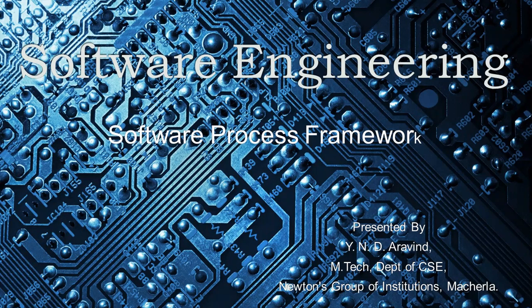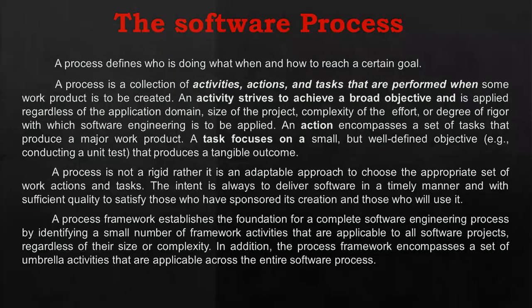In this video, I'll be talking about the software process framework. We know that a software process, which is also known as a software methodology, is a set of related activities that leads to the production of the software. So, a process is a collection of activities, actions, and tasks that are performed when some work product is to be created.